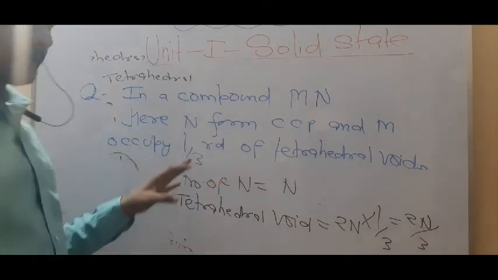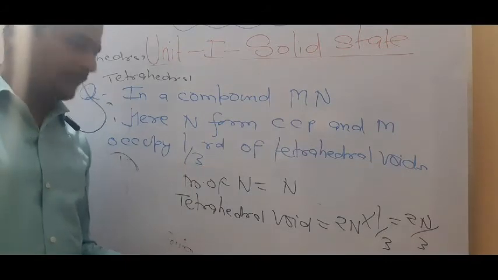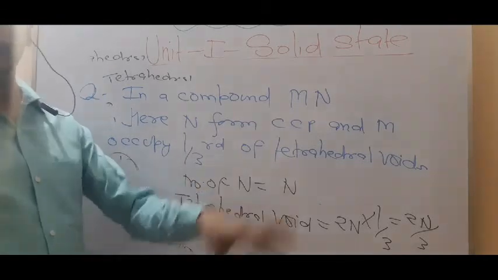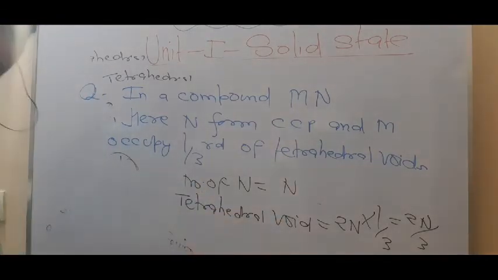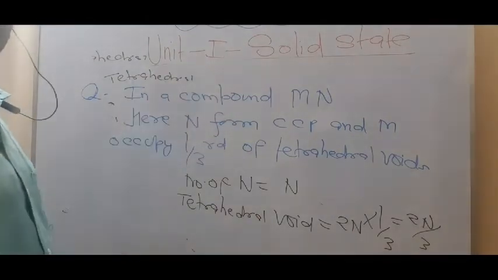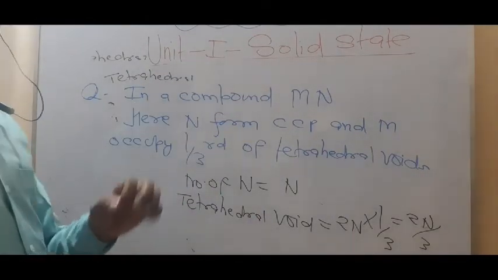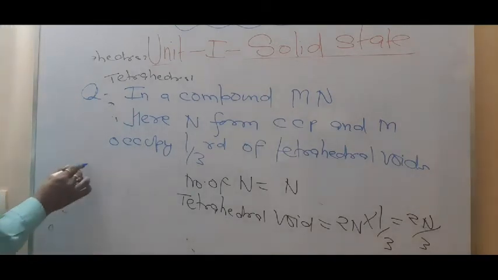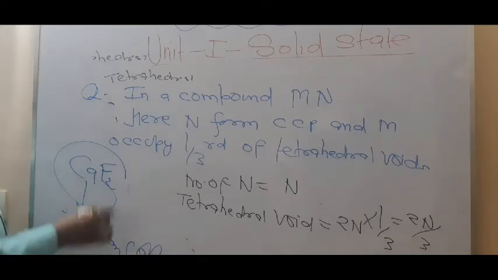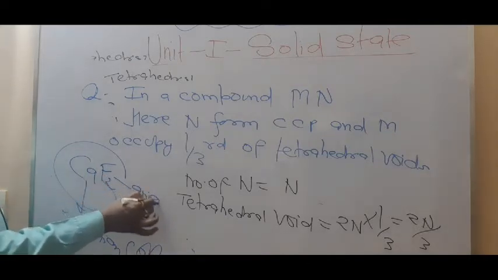If the cation is small in size, in an ionic compound it occupies tetrahedral voids; if the cation is bigger in size, it occupies octahedral voids. Most of the time anions form the spheres. But in case of CaF2, calcium fluoride, what you have to know is that here the cation forms the sphere and the anion is put in the voids.